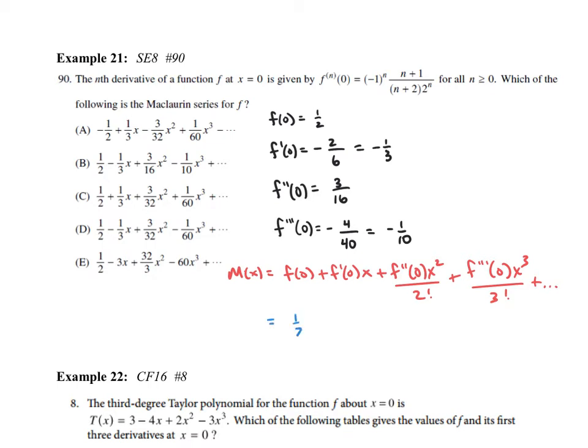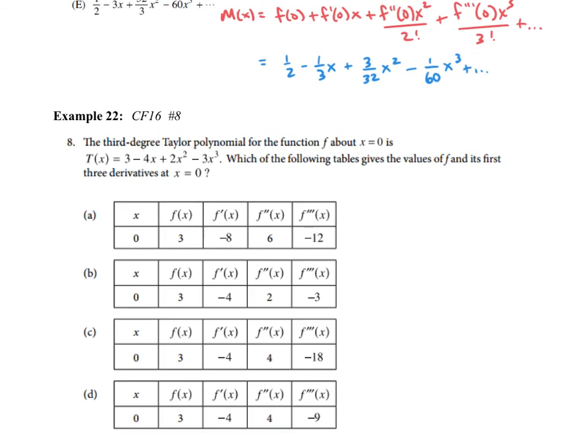So we have 1/2 minus 1/3 times x plus that's going to be 3 over 16 divided by 2 factorial when we use the second derivative. So that's going to be 3 over 32 x squared. And then for our final one, negative 1/10 divided by 3 factorial. So 1/10 divided by 6, which is going to be 1 over 60 x cubed. And it looks like that is option D.